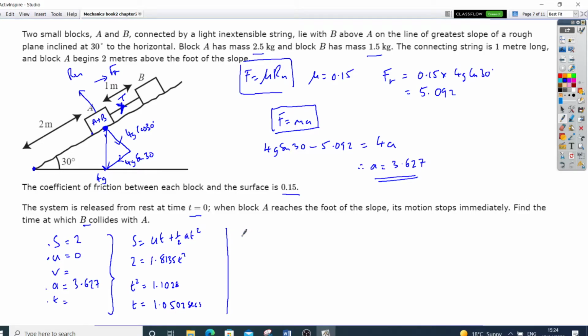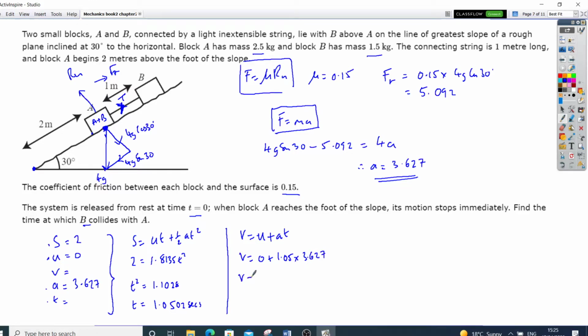Easiest way to do that, final velocity, let's just do it this way. V equals u plus at. I know that's the time it needs to travel, so V equals 0 plus 1.05 times the acceleration, 3.627.